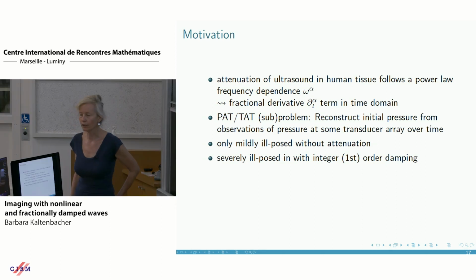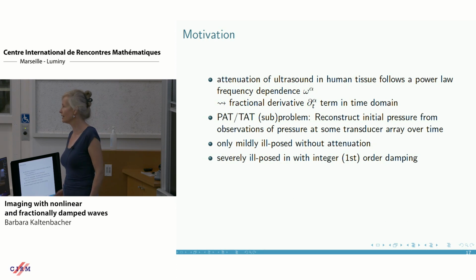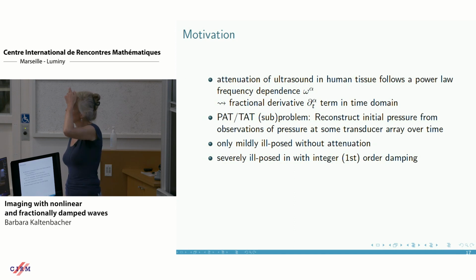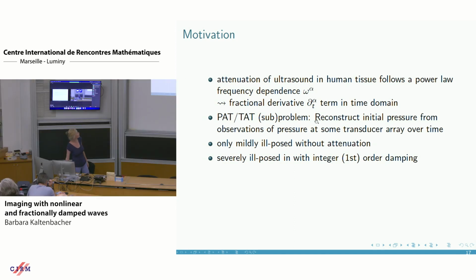So if you are in d space dimensions, it's a d minus 1 dimensional set. And in order to recover some initial condition, which is a function of d variables, we make up for the missing dimension by using the timeline. And this works out, so there are uniqueness proofs and so on about this. And as long as there's no damping, this is even an almost well-posed problem. So one just loses 2 derivatives.